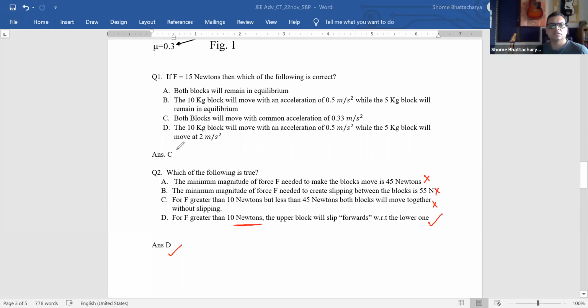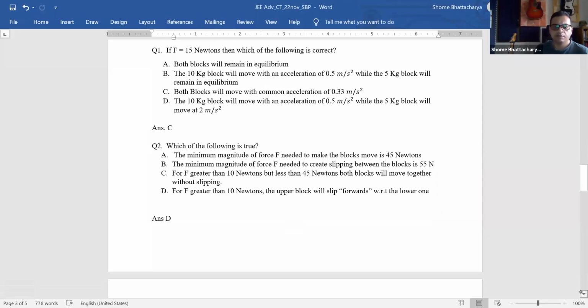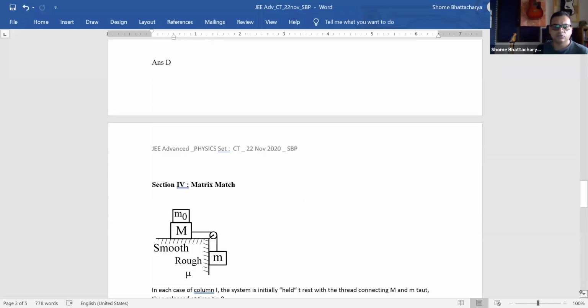But this one has to be changed to B. Okay, hope this paragraph is clear. I will get the answer key corrected, and don't worry about that part.